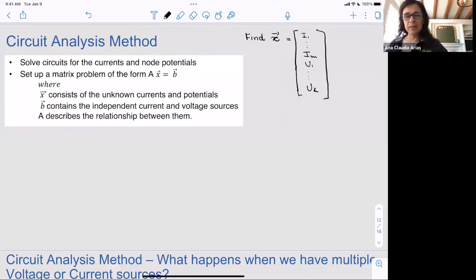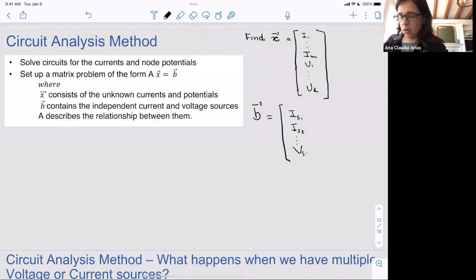Then we set a matrix A, and that matrix A is what relates our unknowns to another vector, vector B, which is the vector of knowns. And the knowns in our circuits have been always the sources, the independent sources. So I can have IS1, I can have IS2, and then we could have voltage sources, VS1 all the way.